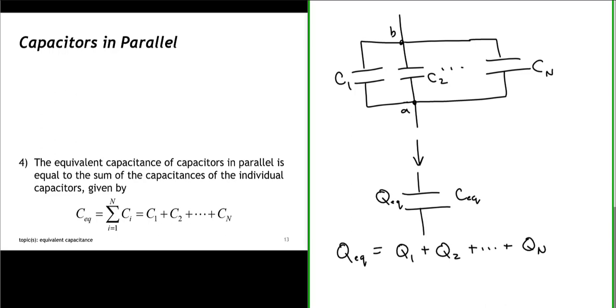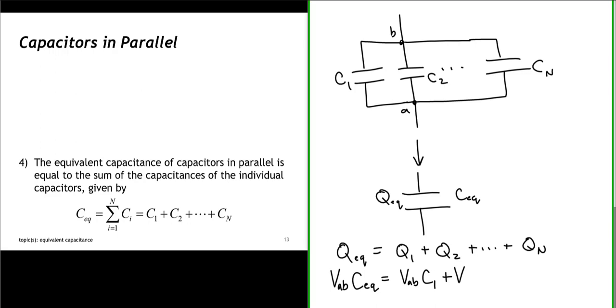Using Q equals C times delta V, the potential difference across the equivalent capacitor times the equivalent capacitance is equal to the charge on the equivalent capacitor. And the product of potential difference and the capacitance for capacitor 1 is equal to the charge on capacitor 1.